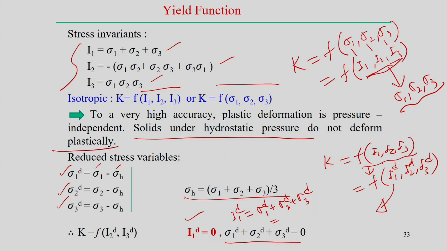Then we can say K is a function of only I2d and I3d. That means the functional form reduces to only two deviatoric stress invariants, I2d and I3d. So, for an isotropic, pressure-independent material, in the sense that pressure does not influence yielding, the functional form can be reduced to K as a function of I2d and I3d.